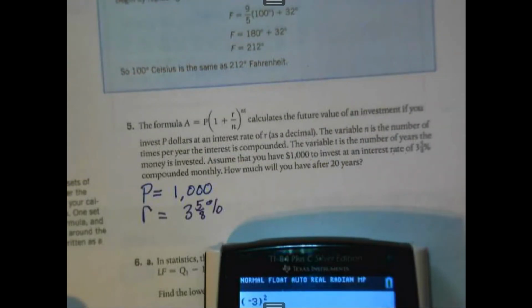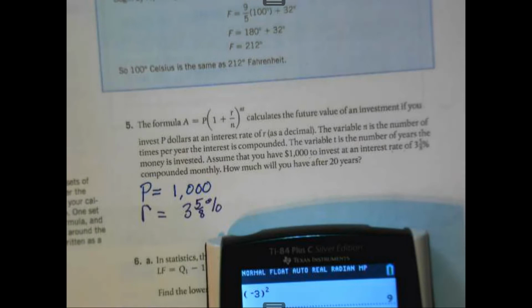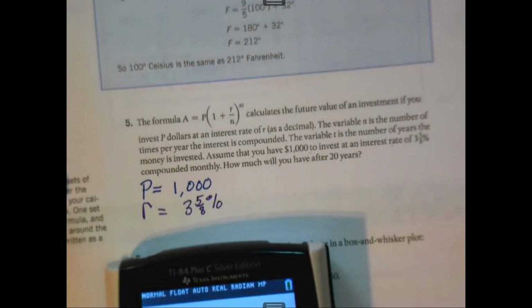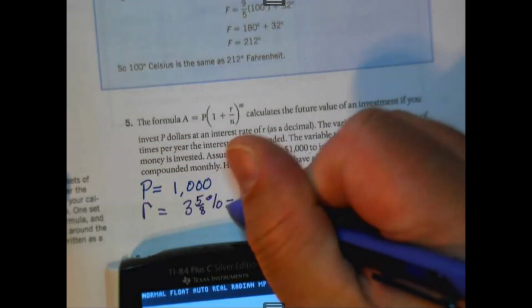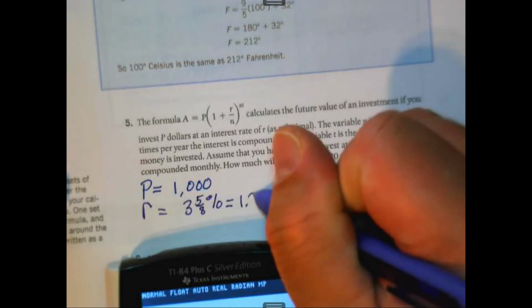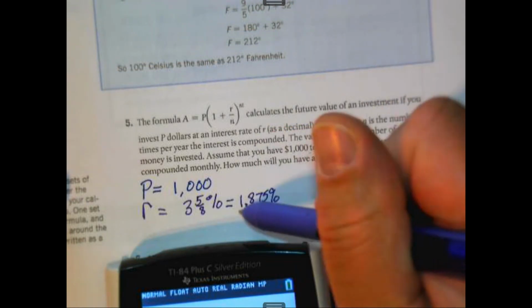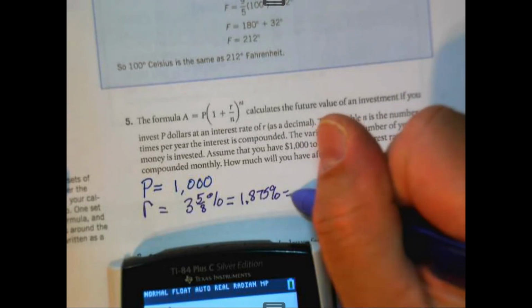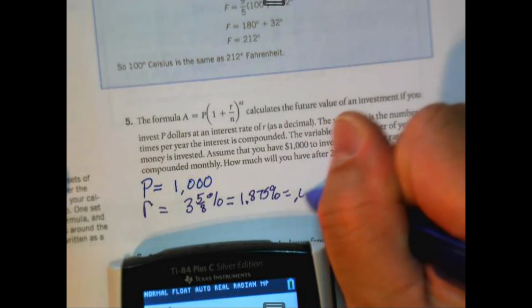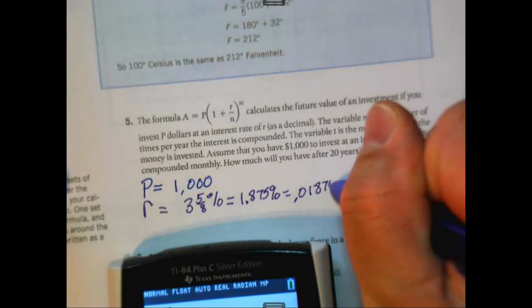I'm going to use my calculator to make my life easier. 1.875%. Move my decimal place 2 places to the left. Got 0.01875.